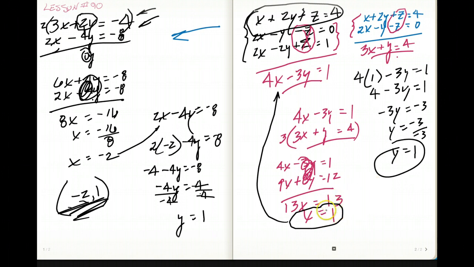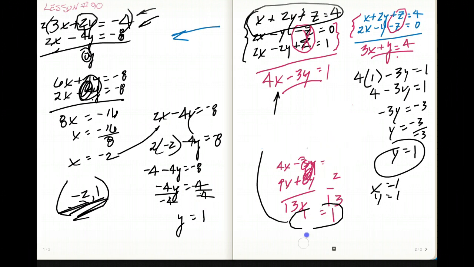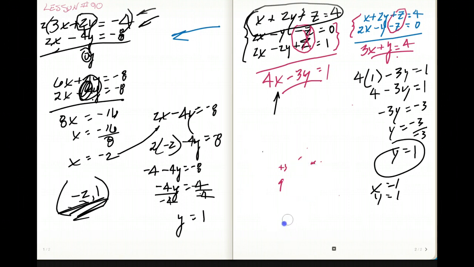Now, since I know two of the variables, I know that x is 1 and y is 1. Now I can grab one of these equations here that had three variables in it. Doesn't matter which one, and I can plug my 1 in for x and my 1 in for y. So let's erase some of this stuff I've got down here. And we'll take one of the problems that was given to us in the original problem that had 3 variables in it.